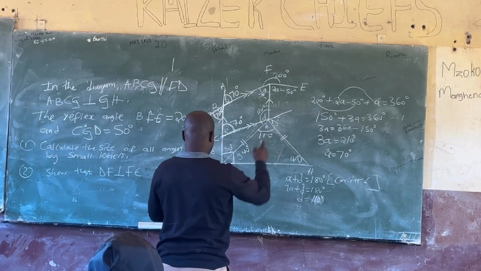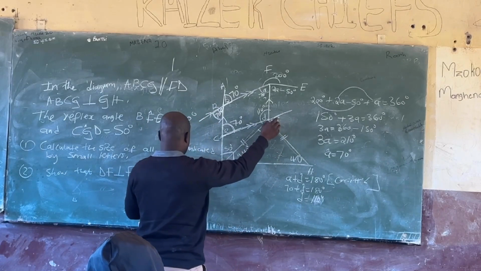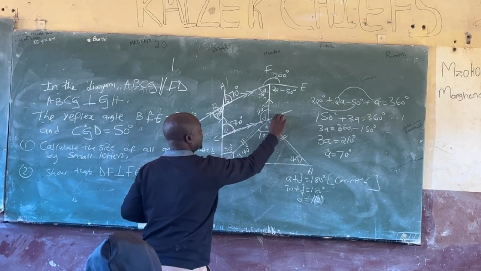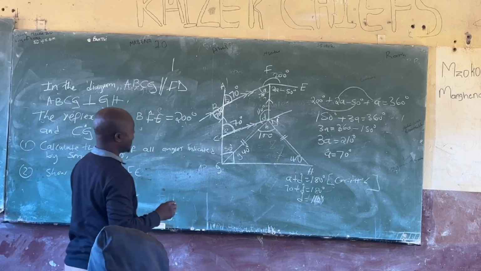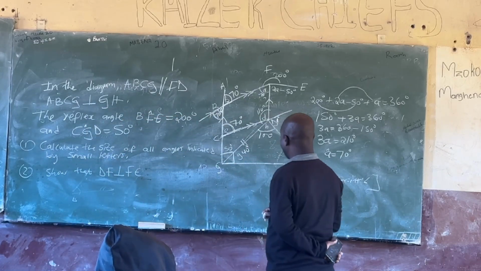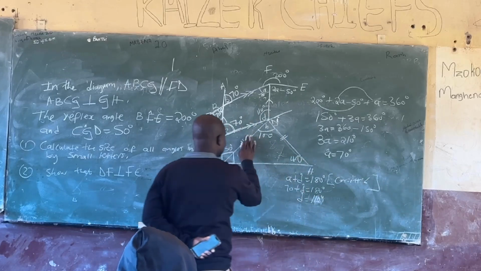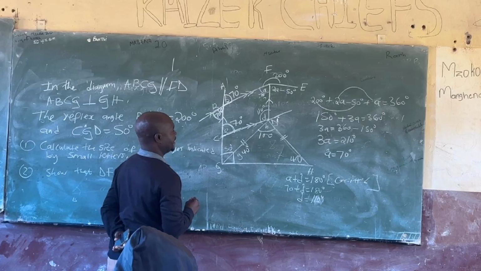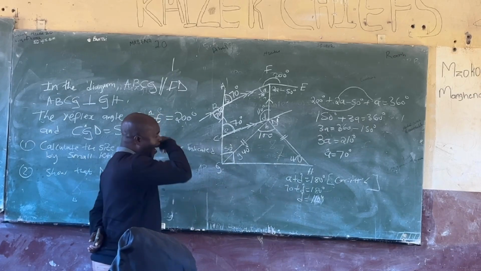Okay, now let's look at this one. How do we calculate this I here? Guys, don't forget. How do we find the I?